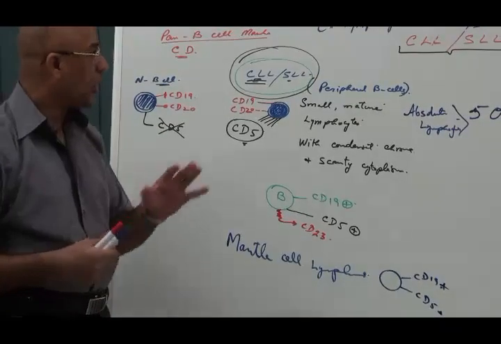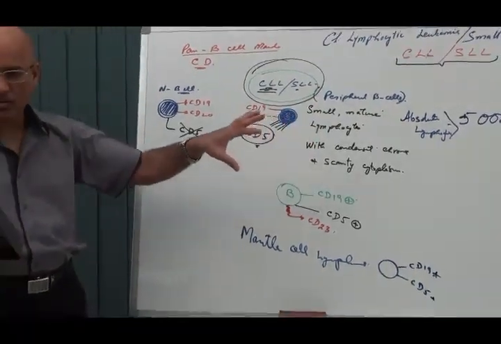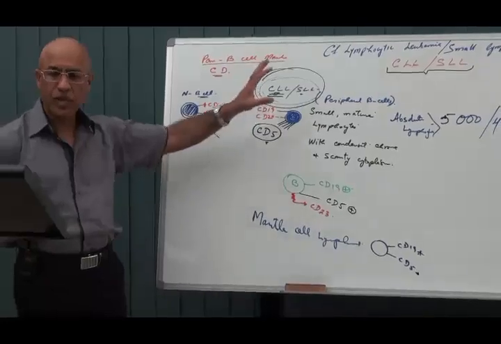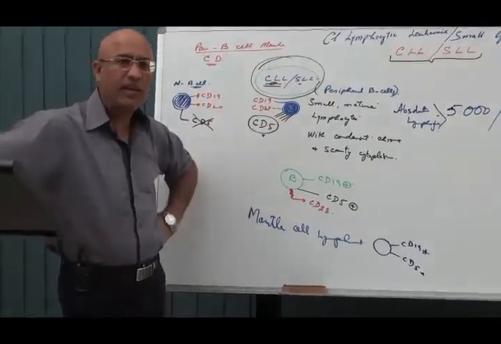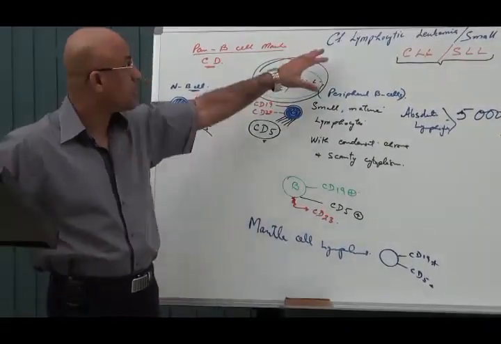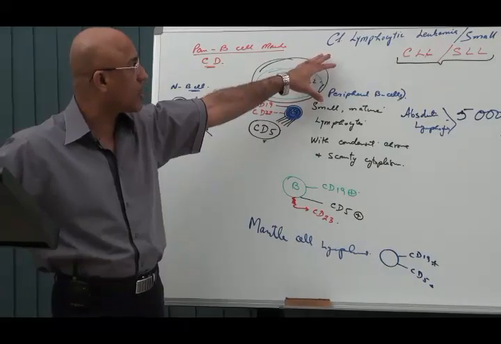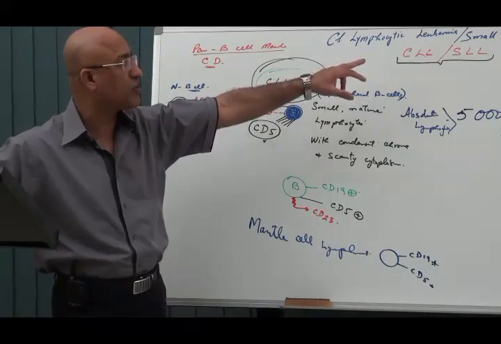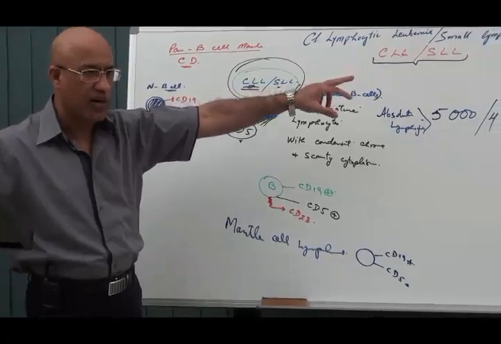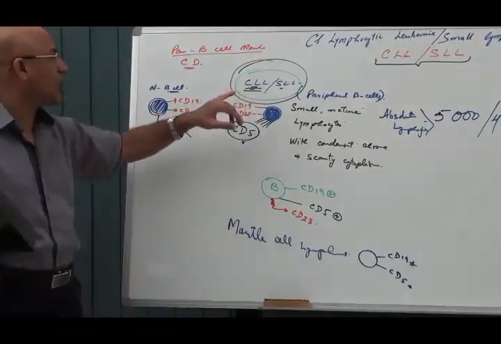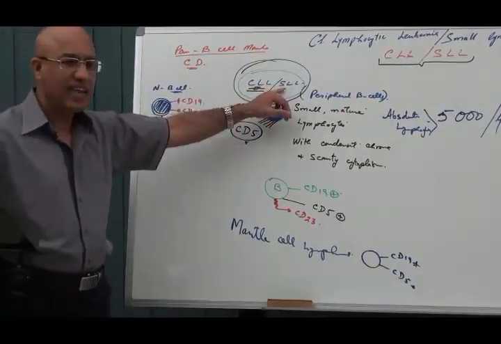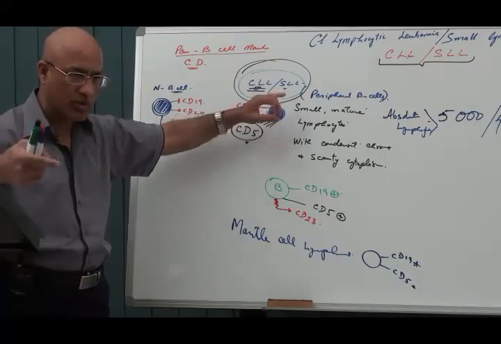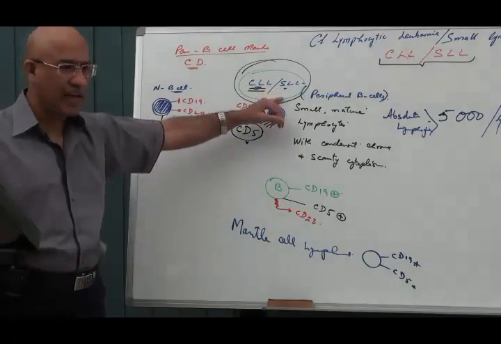Let me first briefly describe this condition. We are talking about peripheral B cell neoplasia. In today's lecture, we are specifically focusing on chronic lymphocytic leukemia and small lymphocytic lymphoma. Onward in the lecture, I will call them CLL, SLL.